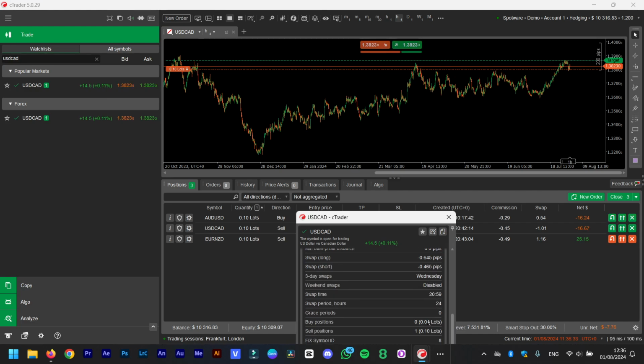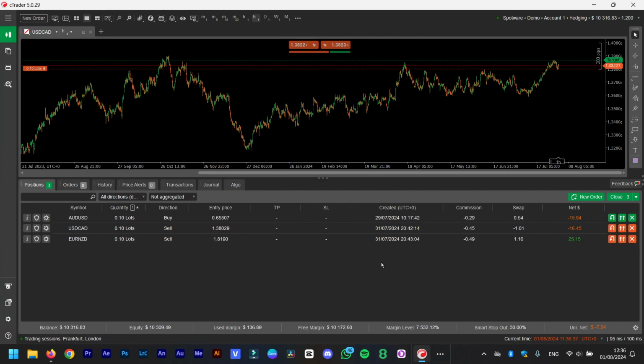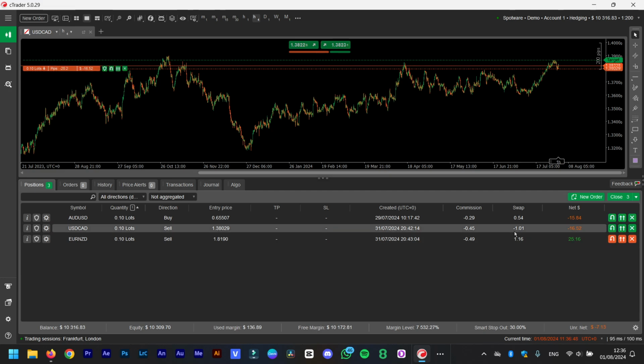So I'm paying almost $1 a day, and for this one I'm receiving $1 a day, which helps me make up the loss of this swapping account just in case I spend too long in this trade right here. I gotta be careful with this, because if I'm paying $1 a day and I am stuck in a trade for 6 months, which is 180 days, I'd be literally paying $180 just off of swapping in this account.